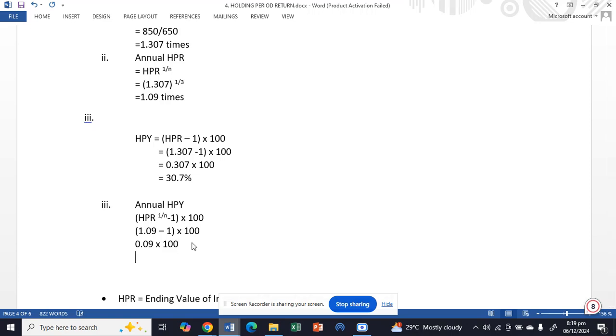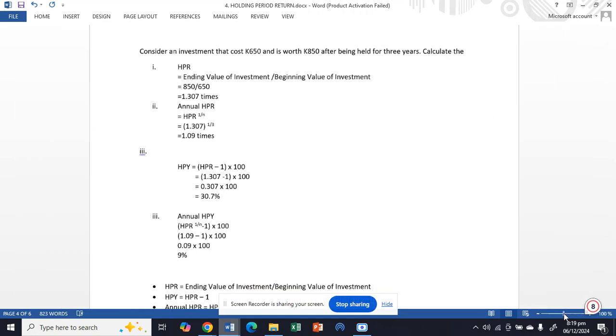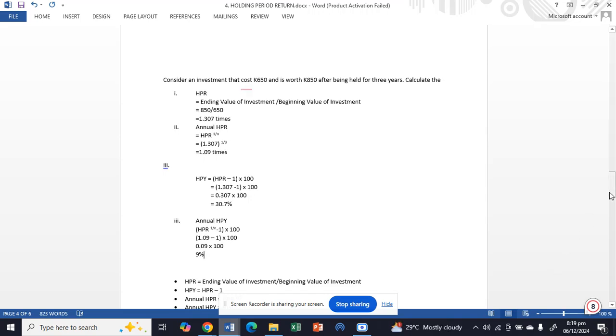So on a yearly basis, our investment has been growing by 9%. So both the holding period return and the holding period yield are just telling us how much our investment has grown by. Okay.